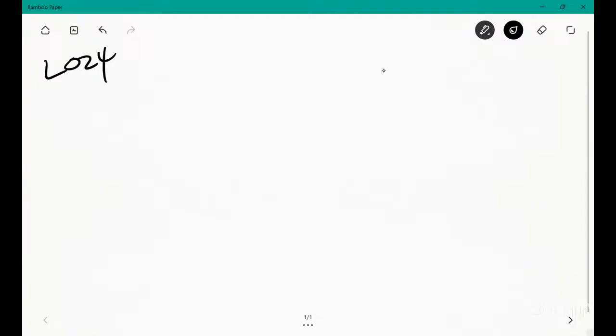Okay, let me just get the question. Nine small metal right pyramids, each with a square base of side length A. So we have a pyramid.